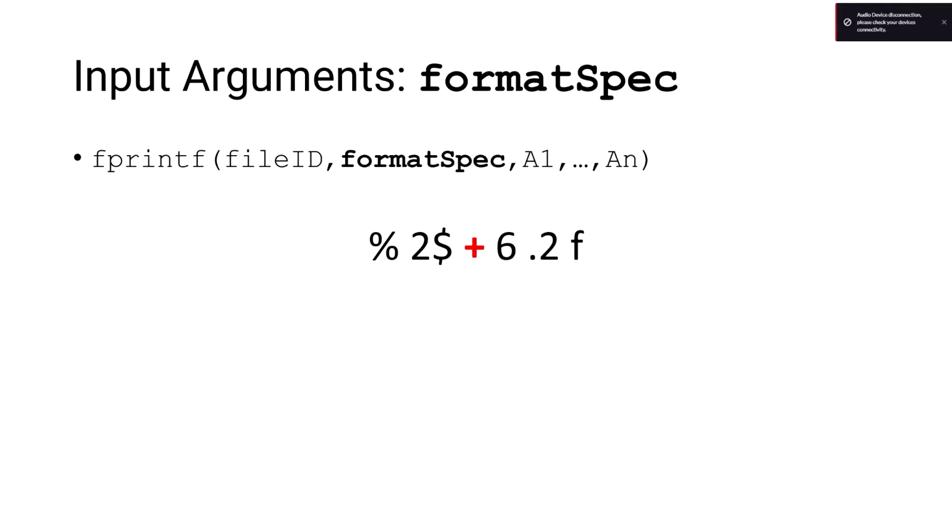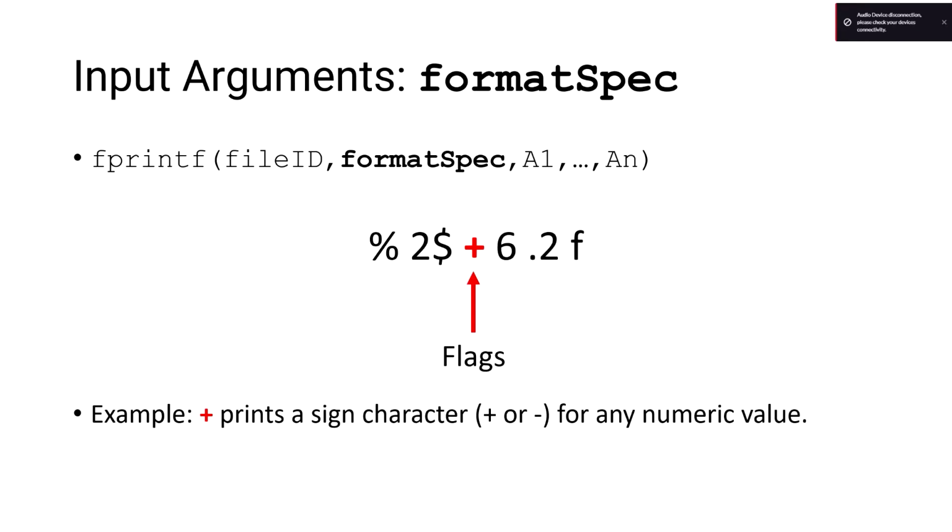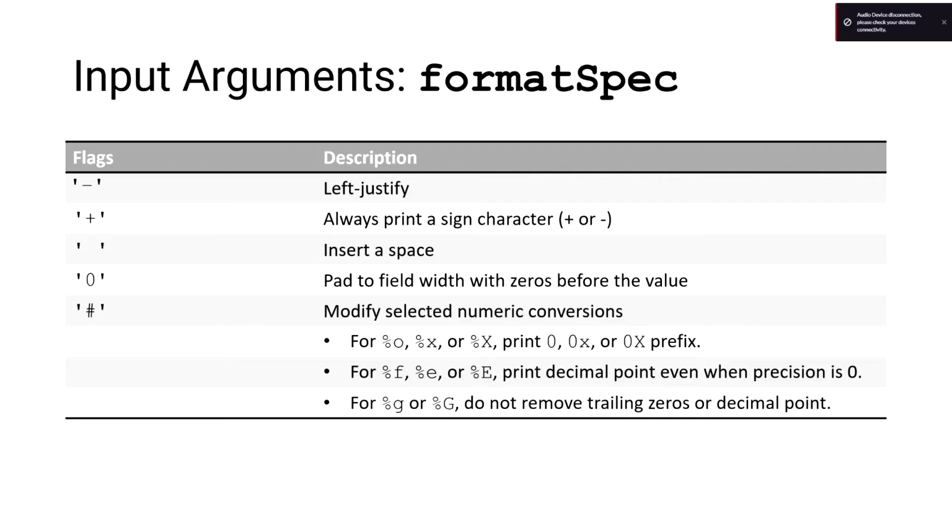Next, we have flags. This is our second optional formatting operator. And in our example here, we have a plus sign as our flag. And the plus sign prints a sign character, positive or negative, for any numeric value. Now there are several flags. For example, you can use a 0 to pad to field width with zeros before the value, or you could use a dash or a minus sign to left justify.